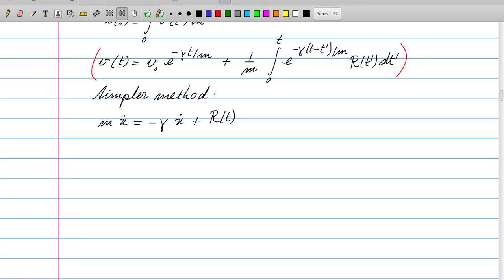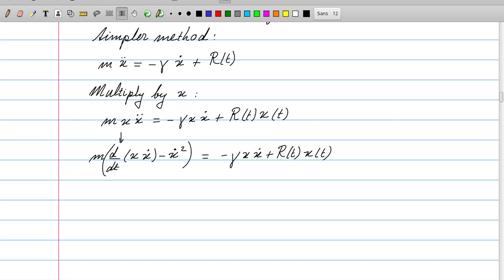This shortcut starts by writing the equation of motion not in terms of v, but in terms of x. So we get m x double dot is minus gamma x dot, that's the drag, plus the random force. We multiply this equation on the left and right hand side by x, and then we will take the expectation value. But let's first calculate x times x double dot. My claim is that we can write this as the time derivative of x times x dot, minus x dot squared, because if I work this out, I get two terms.